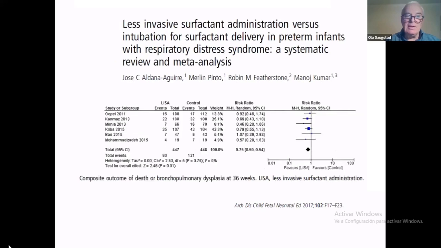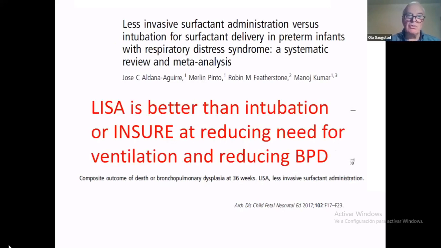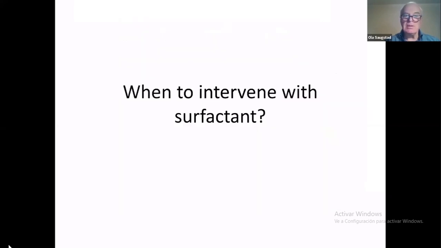And here is the composite outcome: death or bronchopulmonary dysplasia at 36 weeks. And again, we see that this favors LISA compared with the older administration form. So based on this, we concluded that LISA is better than intubation or INSURE at reducing need for ventilation and reducing BPD.